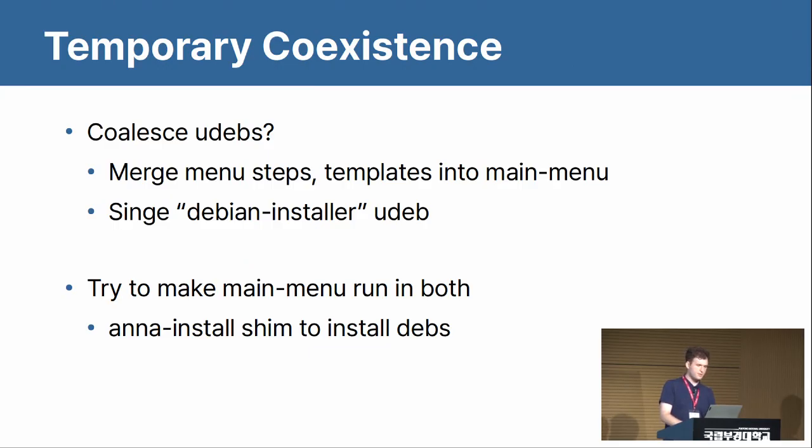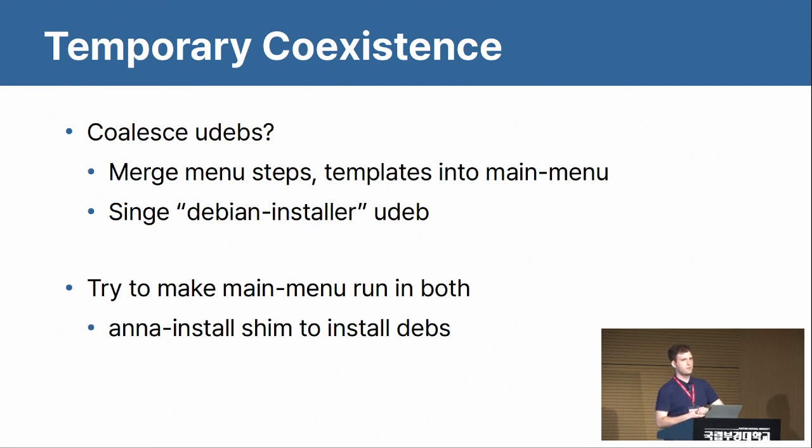At that point, we would have both udebs and debs with similar contents in the archive, so it might be possible to make the main menu script and the rest of the process run on both systems for testing the hypothesis of whether it will work or not.